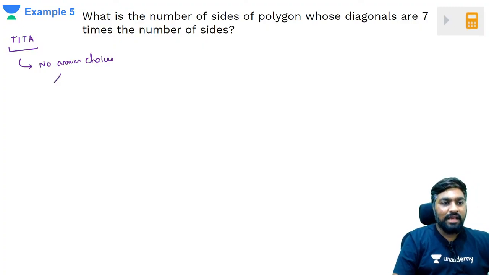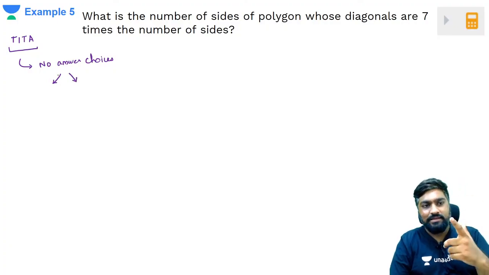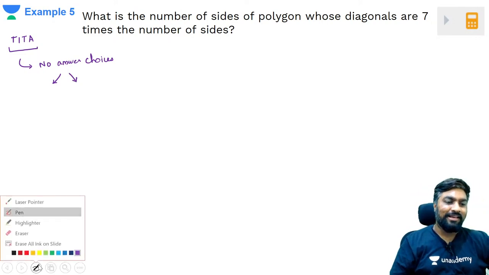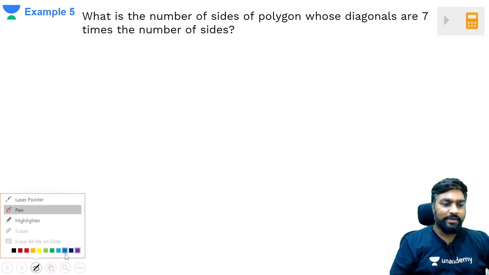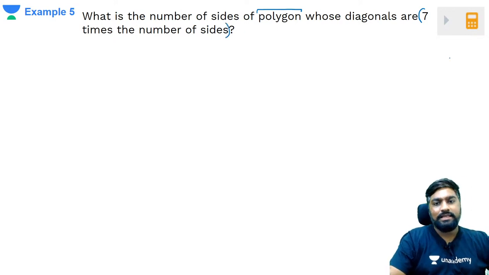If there are answer choices, we could compare and at least get a satisfaction. In TITA, there's no such situation at all. All right, so let's have a look at the situation first. They're asking, what is the number of sides of a polygon whose diagonals are 7 times the number of sides? So what are they saying?